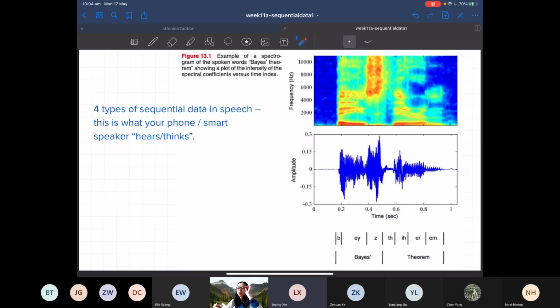For a piece of speech or a piece of music, it's essentially the same representation except the structure of the sound is slightly different. For a piece of speech, we can have the waveform, which is basically the displacement over time of a vibrating device, whether it's your vocal cord or the speaker.